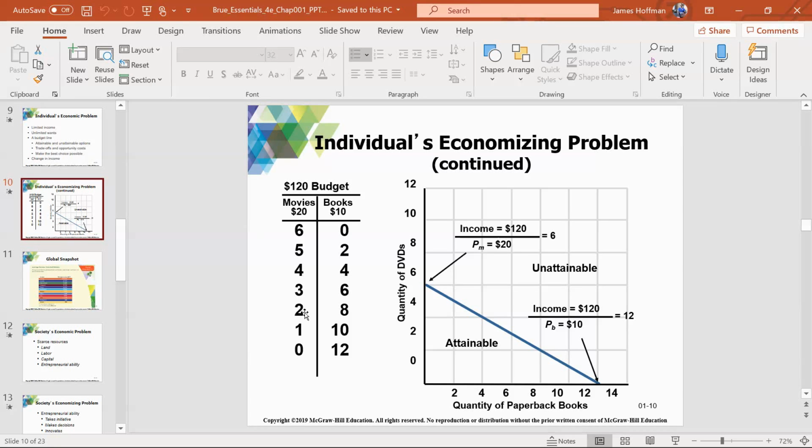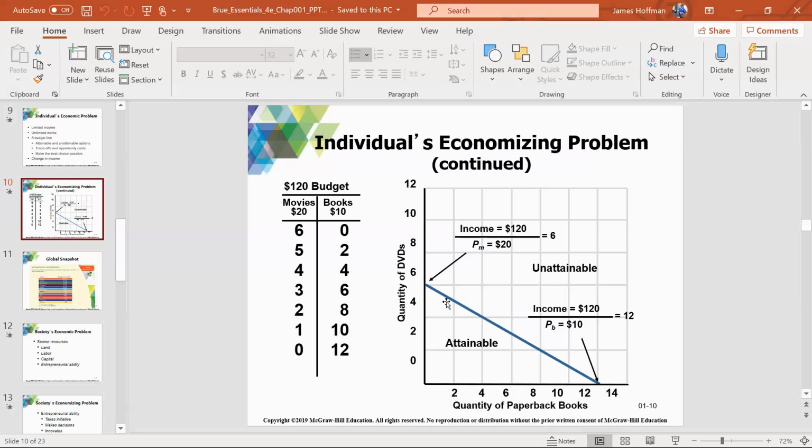So the price of books is $10, and the price of movies is $20. And what this line represents is all the combinations where you could exhaust all of your budget and consume different combinations of the goods.